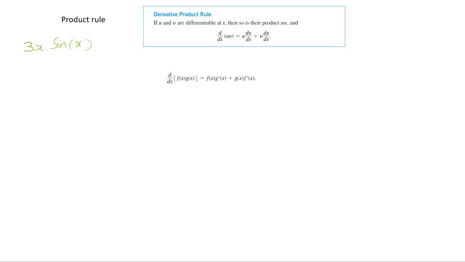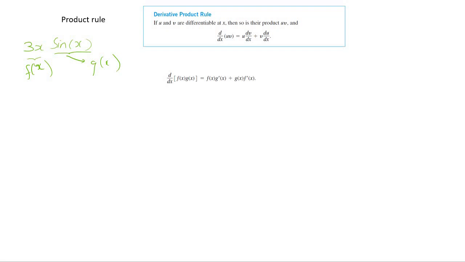So they say if you get a function of this nature, you multiply u by the derivative of sin x plus v times the derivative of u. This can also be written as f(x) and g(x).